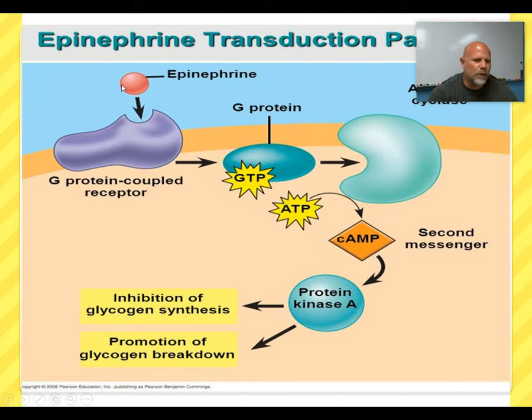If these are polar molecules, like epinephrine, they have to bind to the surface. If they're non-polar, then they can usually move right through the membrane and bind to a receptor inside, in the cytoplasm.